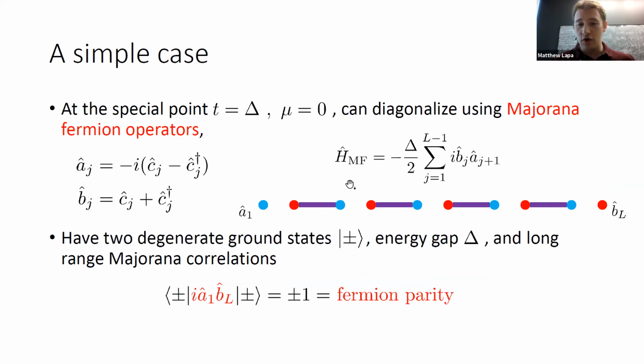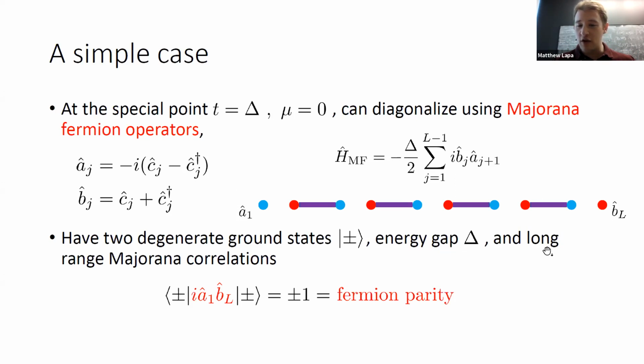In the bulk of the chain, the B Majorana from one site is interacting with the A Majorana from the next site, but at the ends you have these unpaired Majoranas, A_1 and B_L, and they don't appear in this Hamiltonian. So they actually commute with H, and as a result you end up having two degenerate ground states labeled here as plus and minus. These states have fermion parity plus or minus 1. Then this model also has an energy gap equal to delta above these ground states.